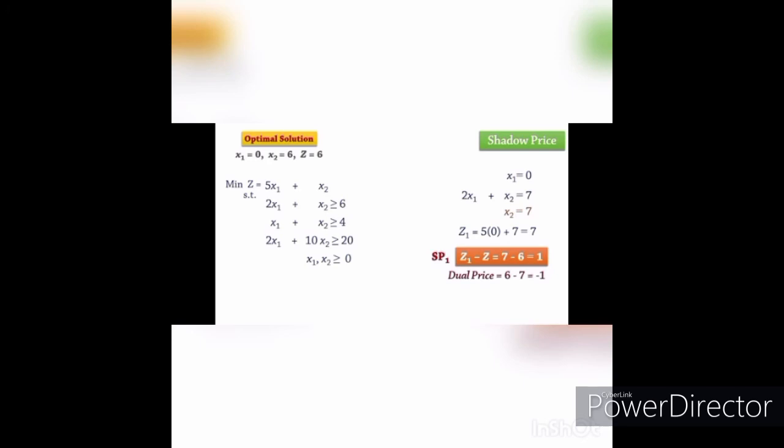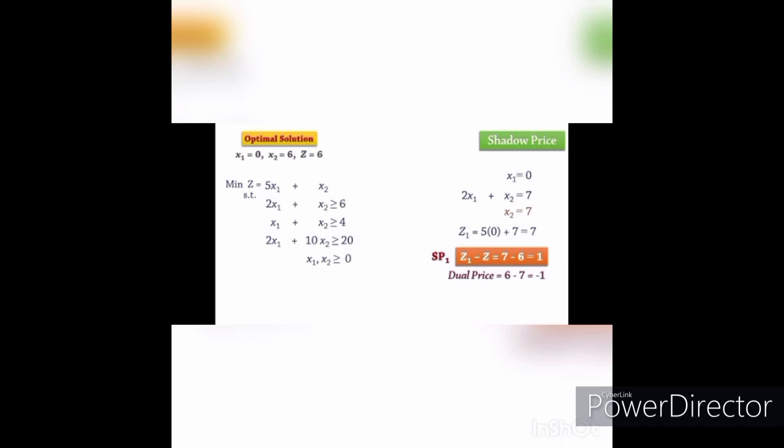Our old objective function is z is equal to 5x1 plus x2. So, we will subtract the old objective function value from the new one. x1 times 0 is equal to 0, so what remains is x2 is equal to 7.